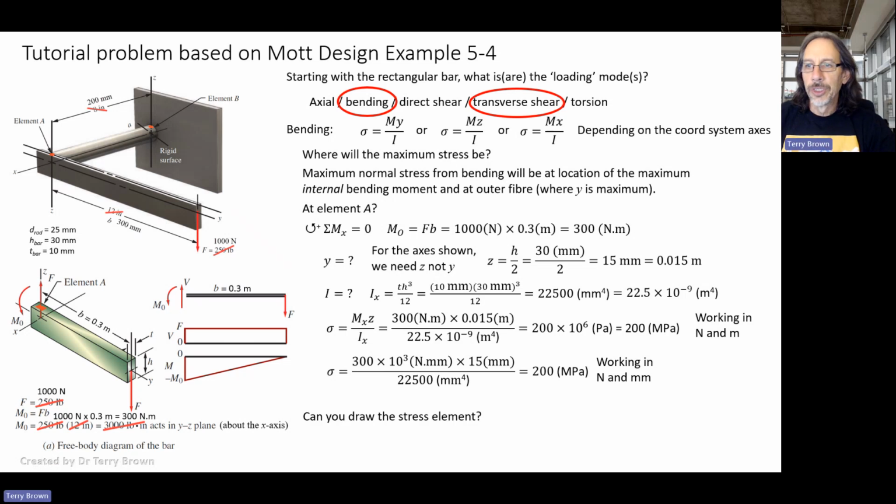All right, can you draw the stress element? An important part of doing stress analysis and then doing design for strength is to understand what the stresses are doing. Typically what we would do is to represent the point where we're finding the stress as a square.